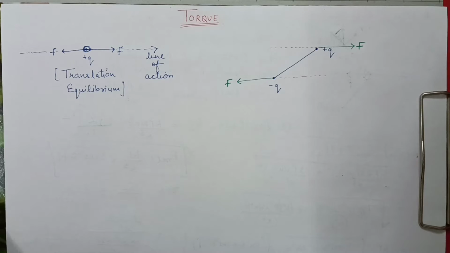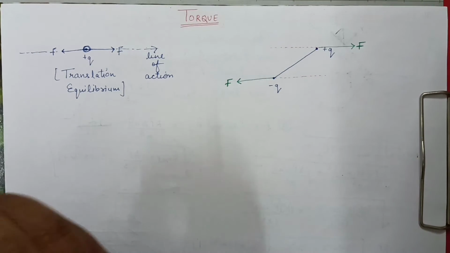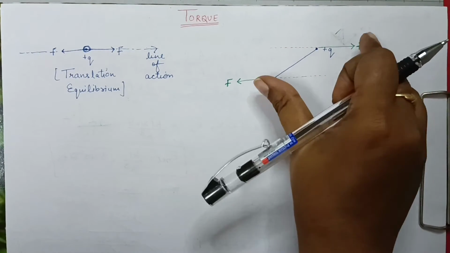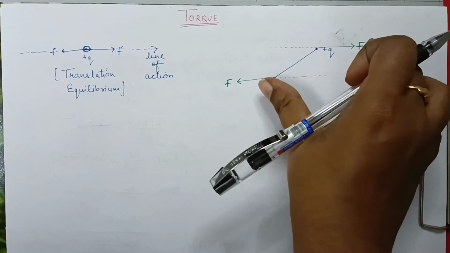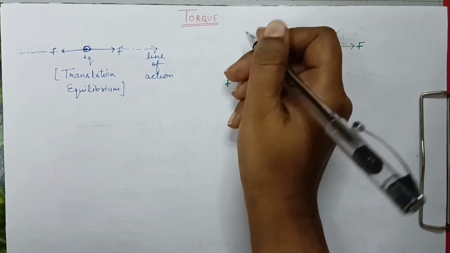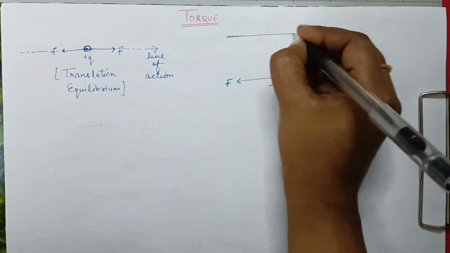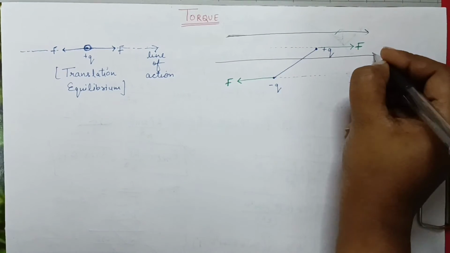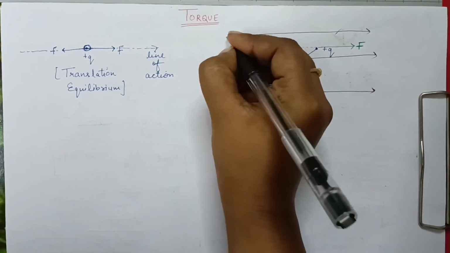Now what happens? Suppose these forces are acting on these charges because of the presence of some electric field. So the electric field will be in this direction, like this.